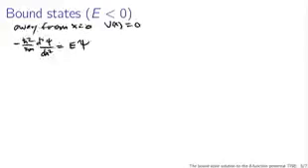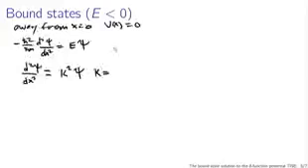In order to consolidate some constants, let's move the 2m over h bar squared over to the right-hand side by multiplying through by 2m over h bar squared. We'll end up then with d squared dx squared of psi equal to k squared psi, where I'm defining k to be something that looks a little strange, the square root of minus 2mE all over h bar.